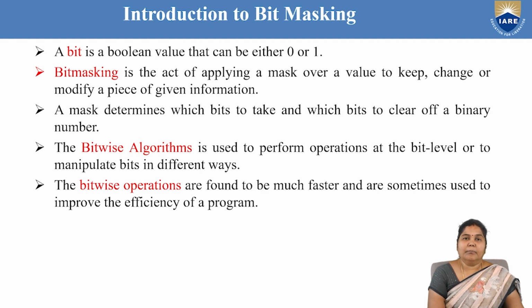A number of bit masking or bitwise algorithms are available, and most programming languages provide bitwise operators to do the task. Whenever you apply bitwise operators, these are much faster and improve the efficiency of the program.